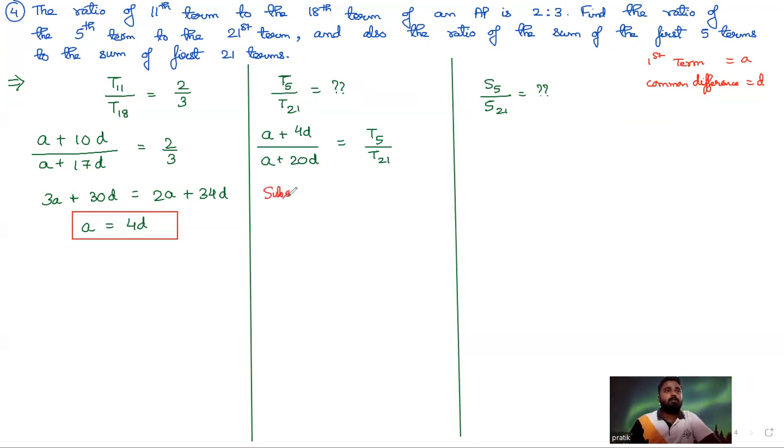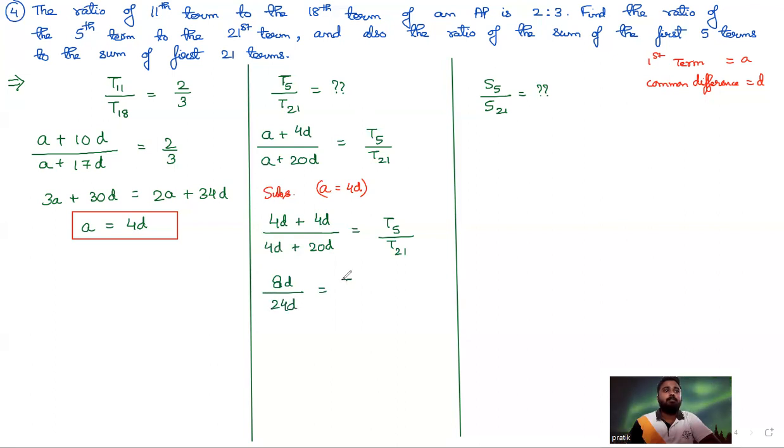Substituting A equals 4D, this will be 4D plus 4D divided by 4D plus 20D, which is T5 by T21. This is 8D by 24D.